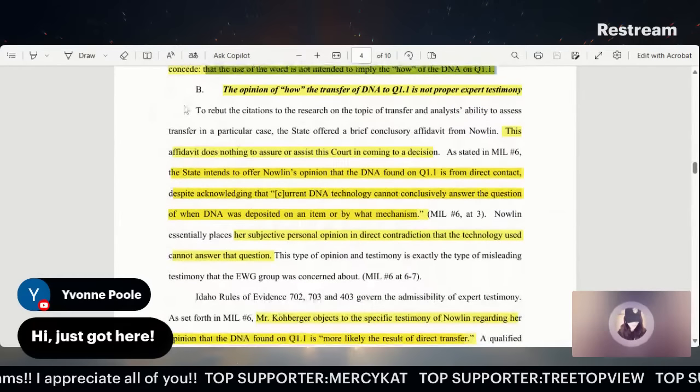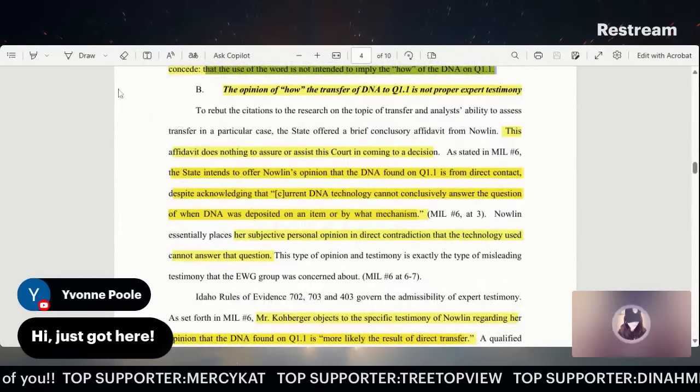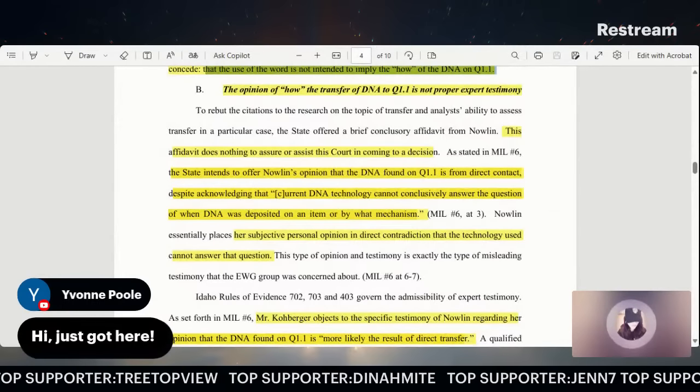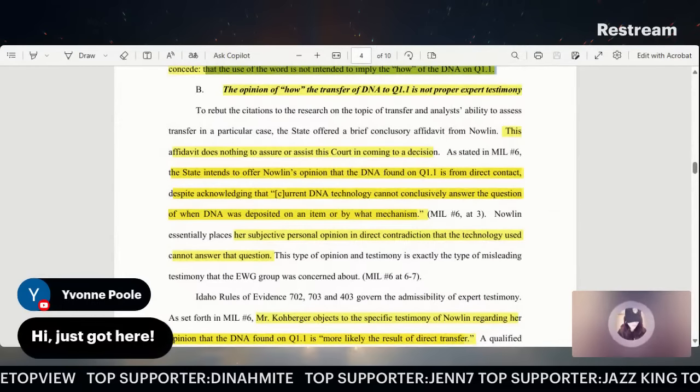Objection B. The opinion of how the transfer DNA to Q11 is not proper expert testimony.